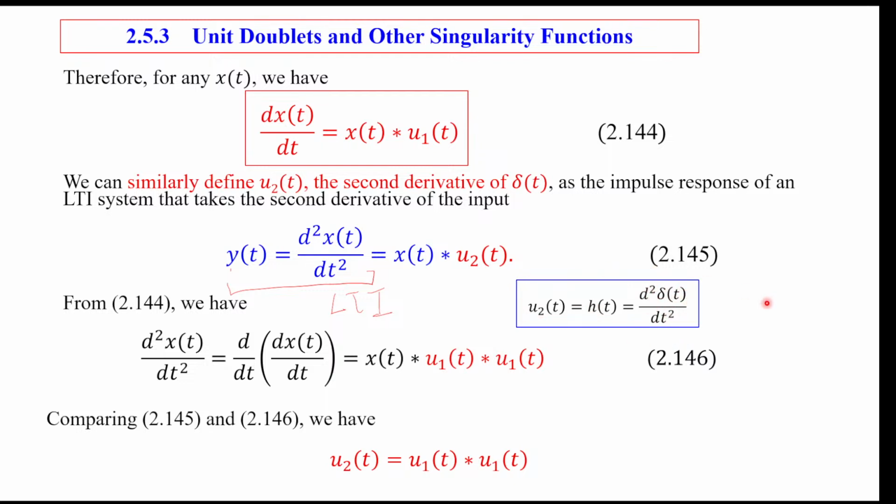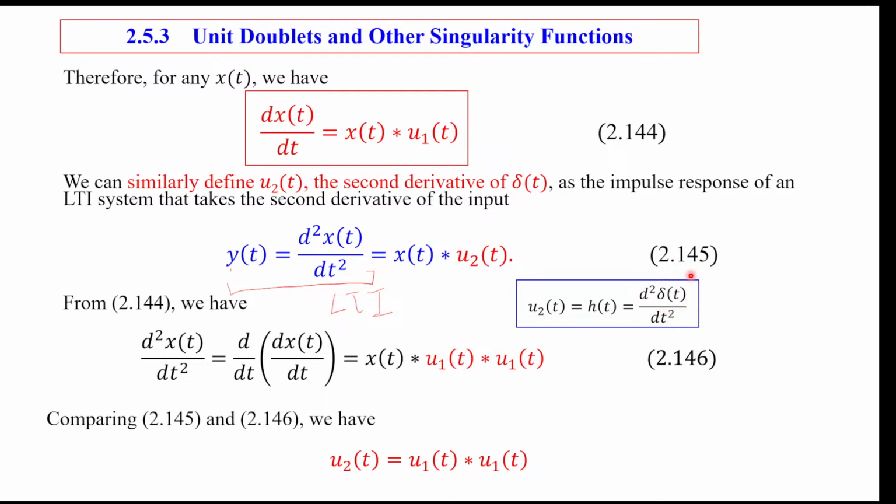So u2 of t will be d square delta of t dt squared. We see that for any signal x of t, d square x of t dt square is equal to x of t convoluted with u2 of t, where u2 of t equal to d square delta dt square.